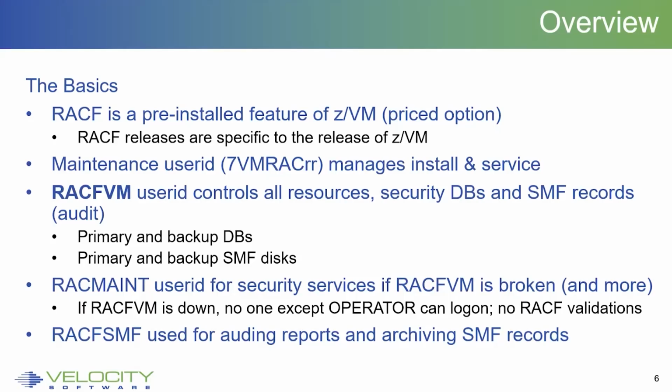The RACMAINT ID is for security services if RACFVM is broken and other things that can be done as far as maintenance and reporting. But if RACFVM is down for any reason, no one except the operator can log on to the system. There are no RACF validations being done at all.